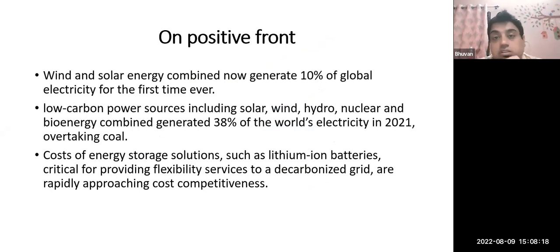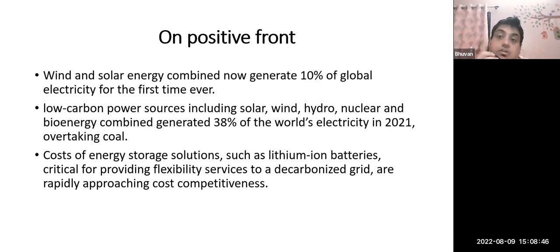Let's talk about the flip side. We have talked about the negative aspects related to the energy sector. Let's talk about the positive points. Wind and solar energy combined now generate 10% of the global electricity. For the first time it has happened, although coal is still being used popularly for the production of electricity.